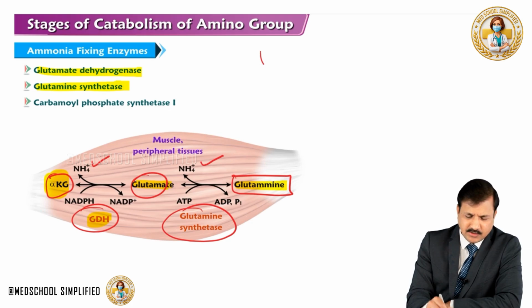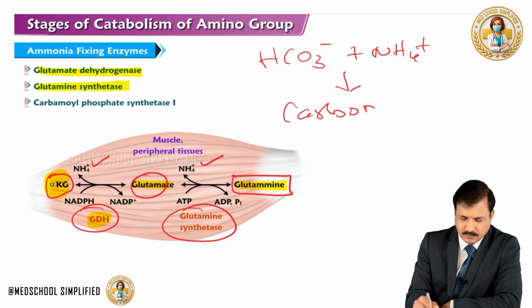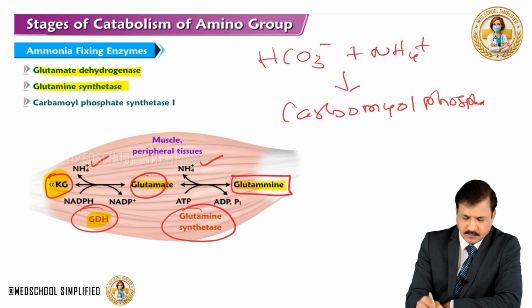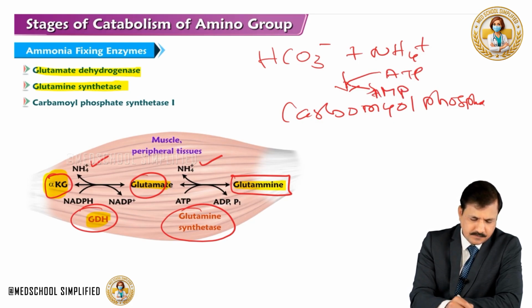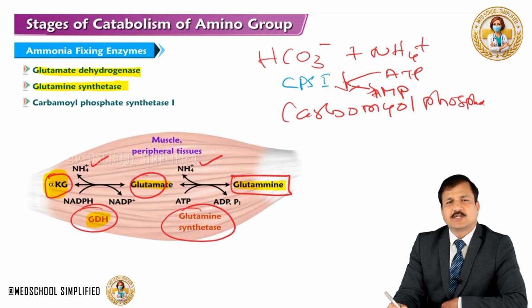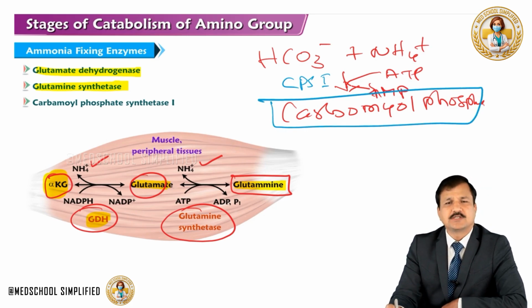So what it does, it is going to fix ammonium ion to bicarbonate. So with carbamyl phosphate synthetase 1 enzyme, ATP is converted into AMP and the product that is made is carbamyl phosphate. This is the very first reaction in the urea cycle that we are going to see.